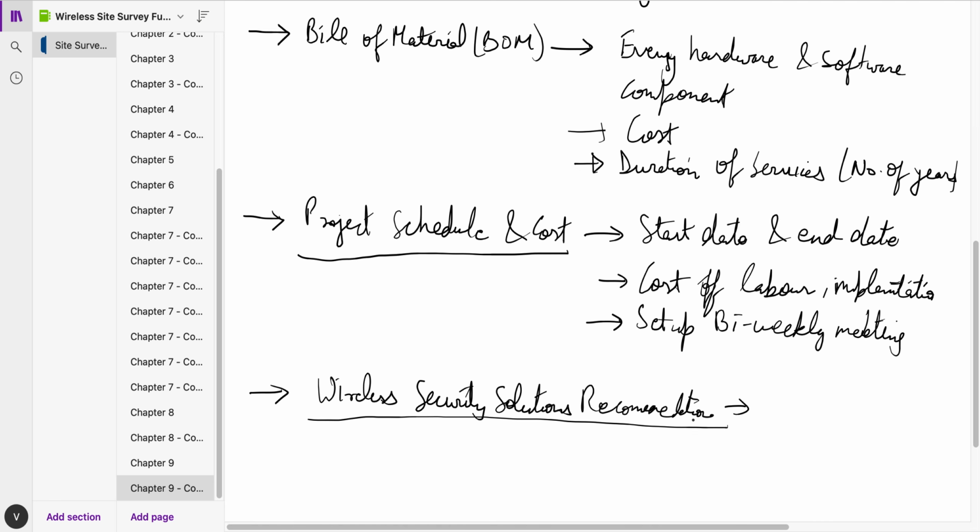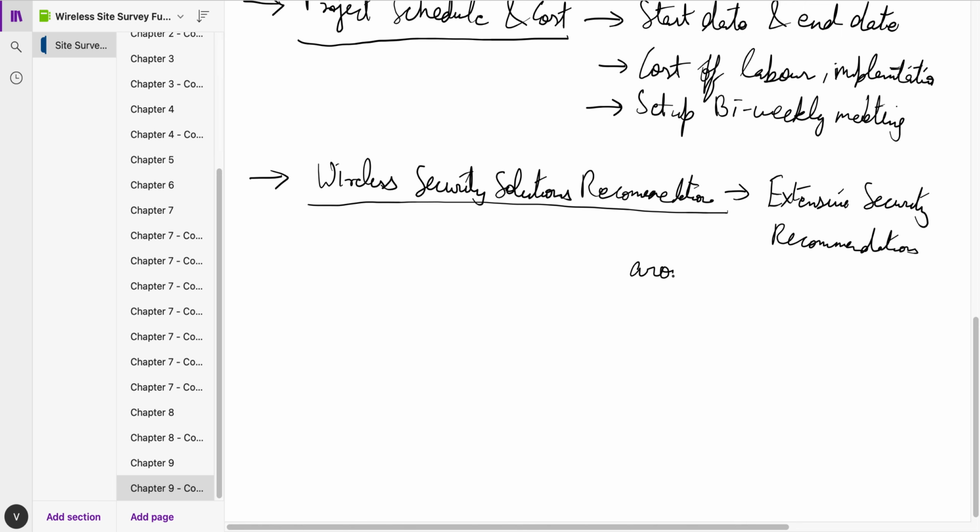In this, you've got to give them comprehensive security recommendations around authentication, authorization, and accounting, right?